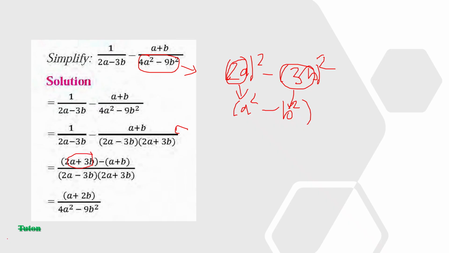Now for the next part, we will divide the LCM term by this term, which gives a remainder of 1, and which will be multiplied by this term.